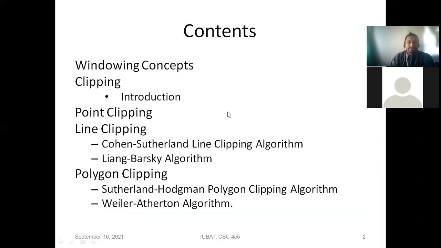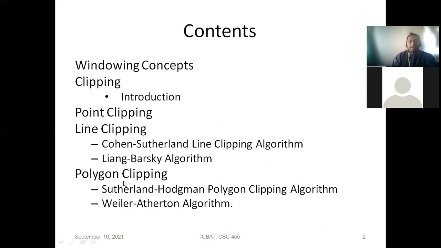You can see here in the content the algorithms for clipping. We discuss three components of clipping: point clipping, then line clipping. For line clipping, we know that a line consists of many points. There are two algorithms, the Cohen-Sutherland line algorithm and the Liang-Barsky algorithm, whereas polygon clipping also has two algorithms, Sutherland-Hodgman and Weiler-Atherton.